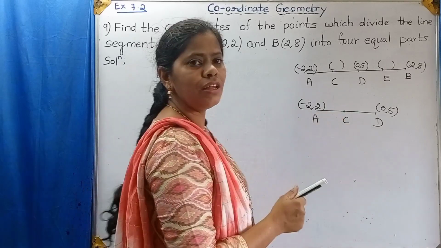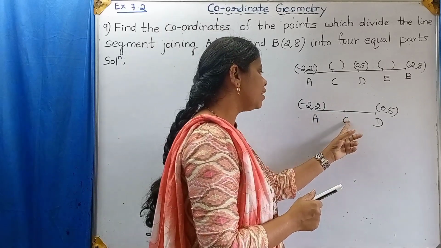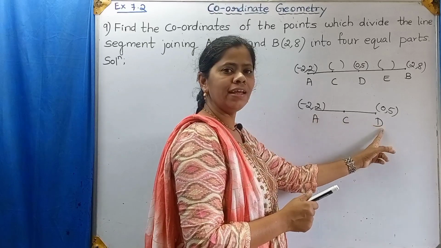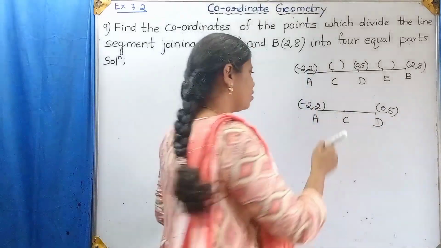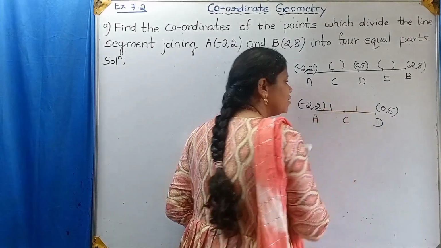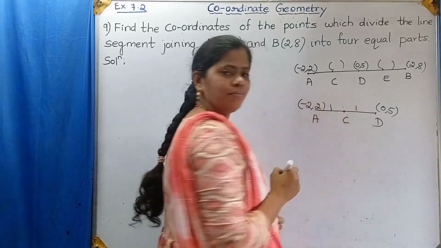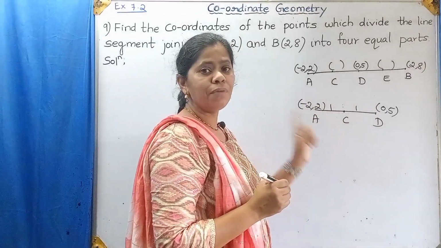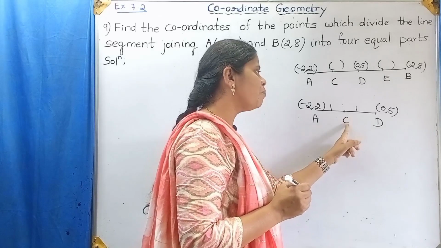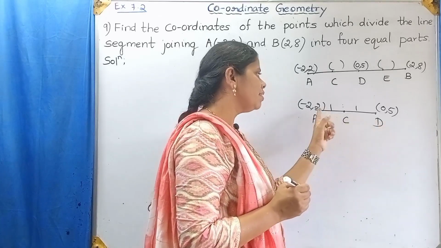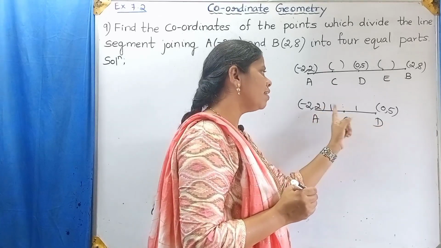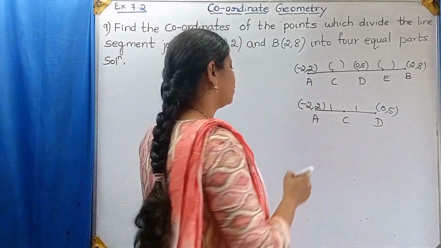Means the point C divides the line AD in the ratio 1:1, since it is the midpoint, isn't it? Let me repeat it. Since C is the midpoint of AD, it divides the line AD in the ratio 1:1.